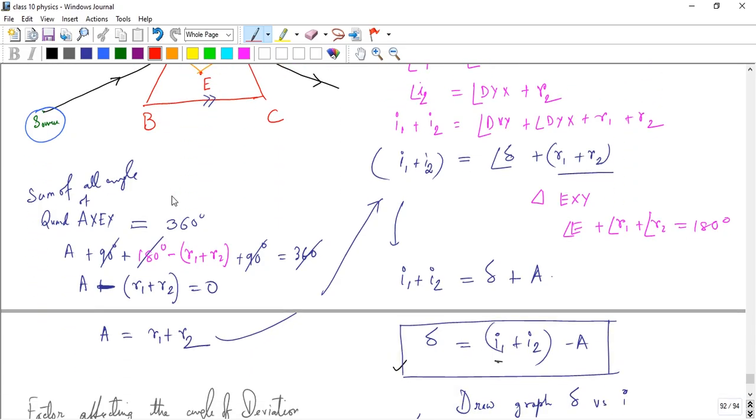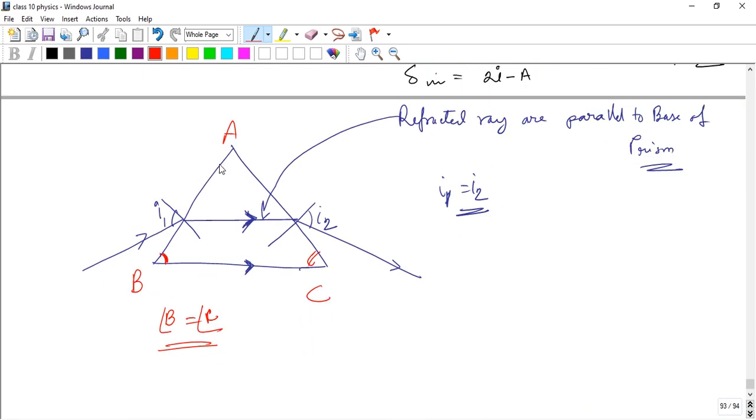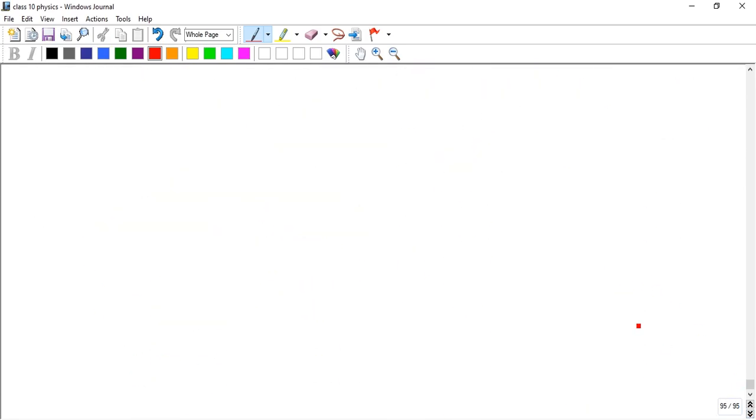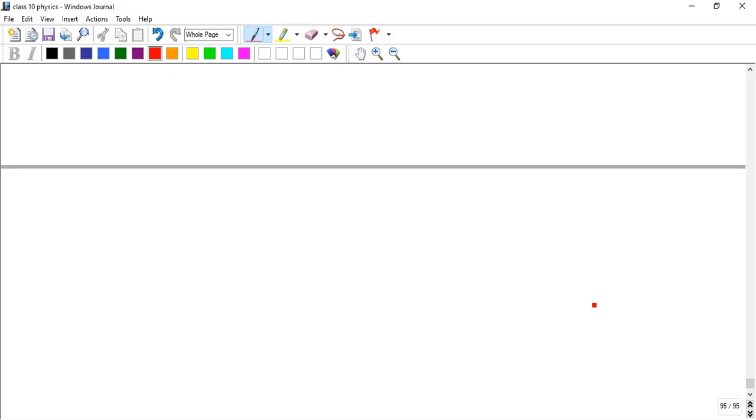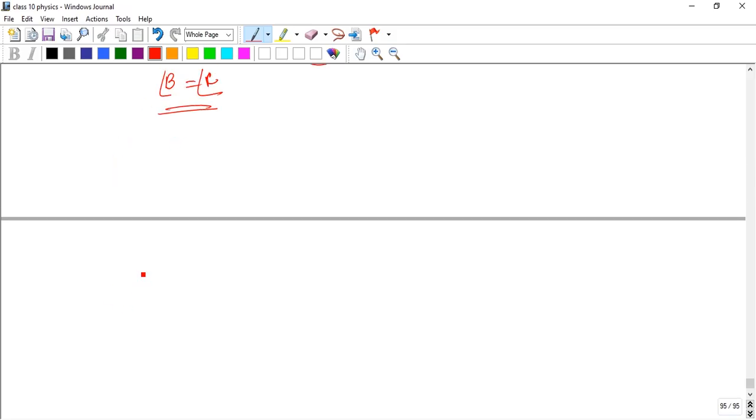Now let's take an example to clarify the concept. Suppose I draw a triangle here, an isosceles triangle also. The incident angle is 70 degrees, and suppose it follows the straight path.